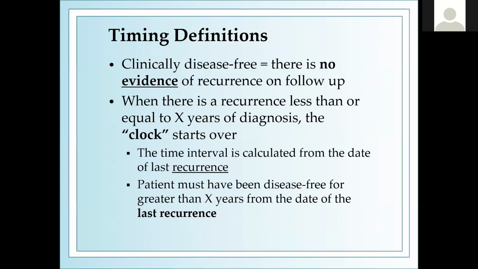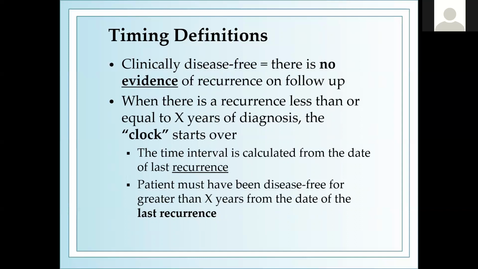What does that mean? It means if the patient has another tumor for that site, the time interval is calculated from the date of last recurrence. So the timing clock starts over. The timing interval is no longer determined by the date of diagnosis, but by the date of last recurrence.